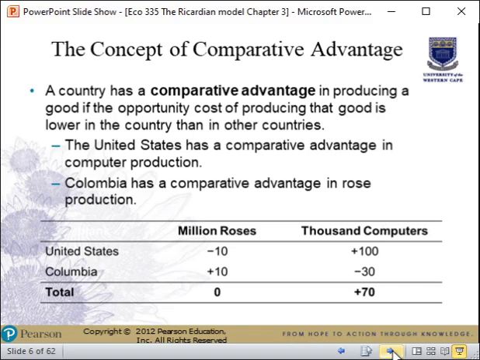Therefore, with specialization and trade, both countries will still consume 10 million roses, but they now enjoy an additional total of 70,000 more computers.